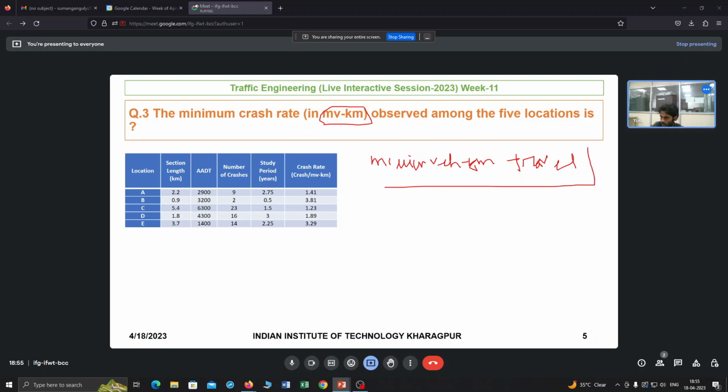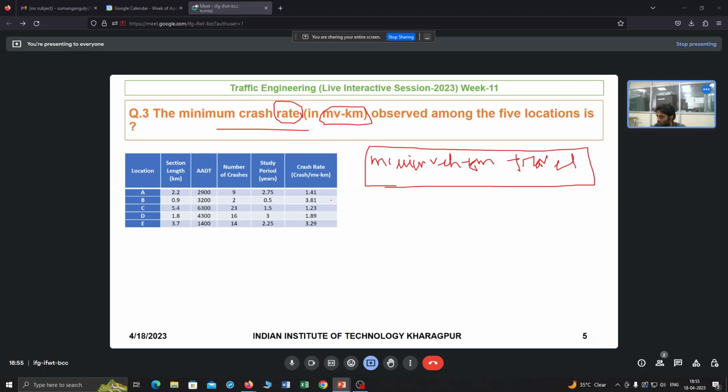This is the unit. Okay, so the minimum crash rate. Crash rate, if you remember, can be per kilometer, per number of vehicles, meaning the vehicle population, or per vehicle kilometer travel. So here it is per million vehicle kilometer travel.